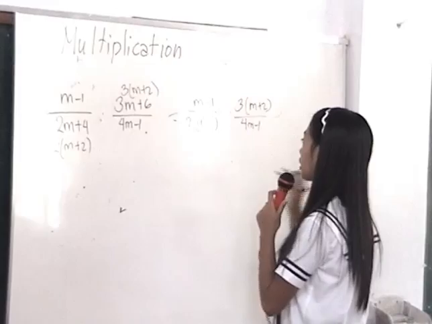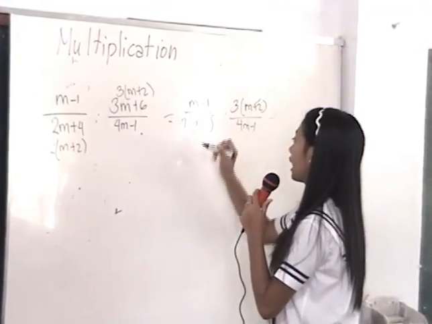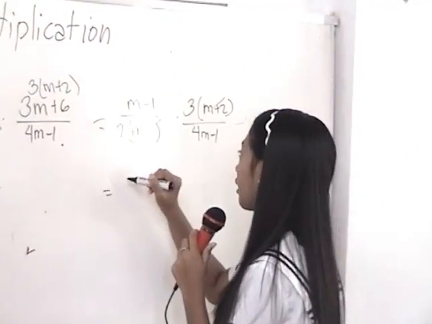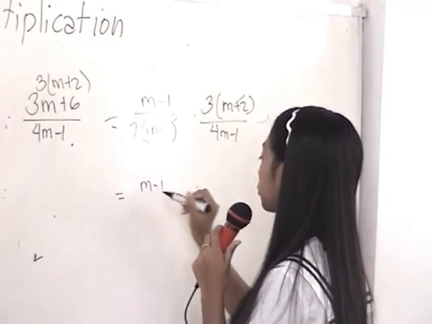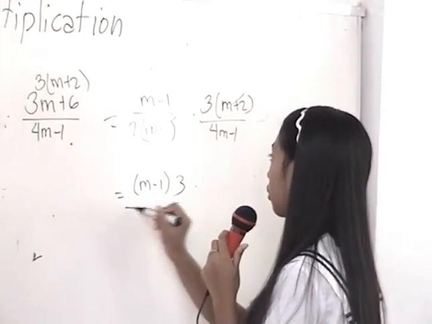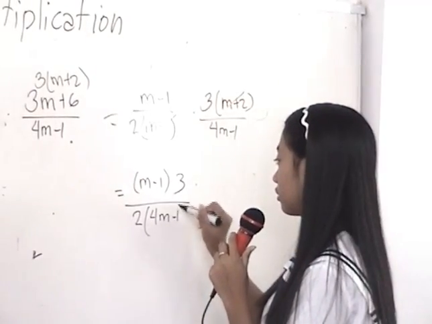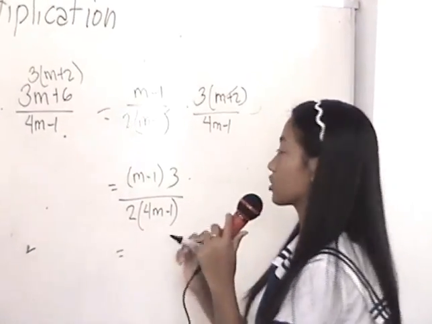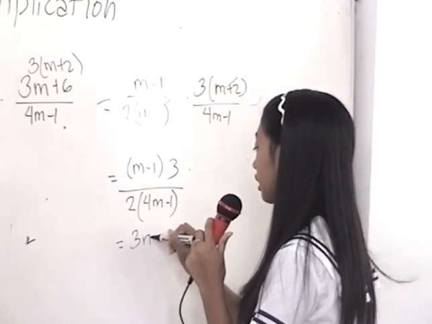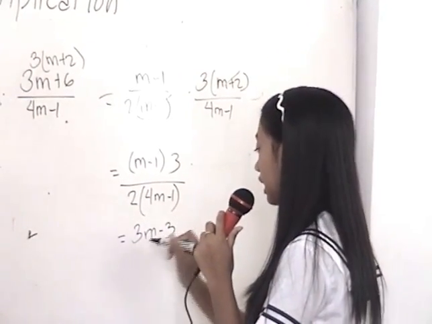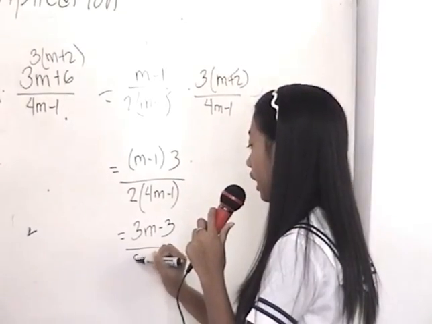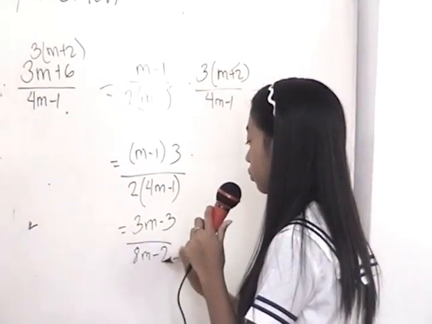We will use the cross cancellation. We will cancel m plus 2. We have m minus 1 times 3 over 2 times 4m minus 1. So we have the answer 3m minus 3 over 8m minus 2.